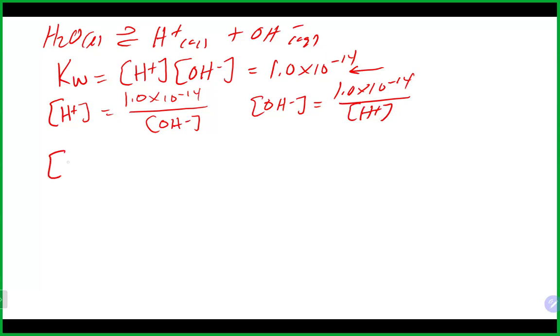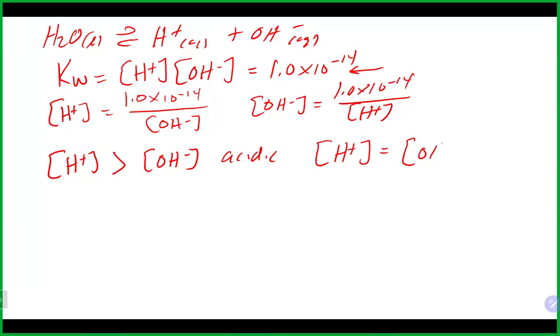If we compare the H plus concentration and it is larger than the OH minus concentration, essentially the acid part of the solution is bigger than the base part of the solution, it will be acidic. If the H plus concentration is pretty much the same as the OH minus concentration, then they would both equal 1 times 10 to the minus 7, and they will be neutral.